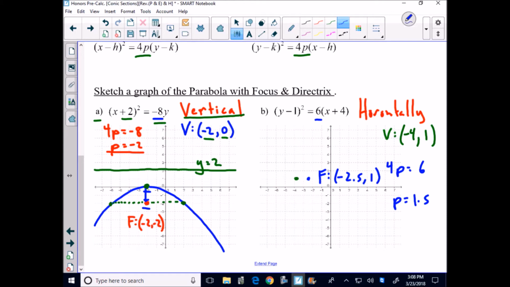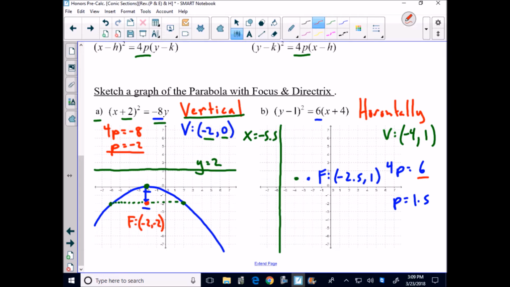Right here we can go that same 1.5 in the opposite direction to get our directrix. So if we go 1.5 in the negative direction, we will get our directrix as the line x equals -5.5. And right here we can take that focal width of 6 and get 2 points on our parabola to graph the parabola with the vertex.